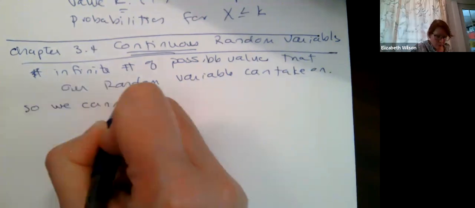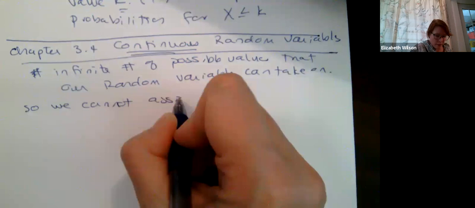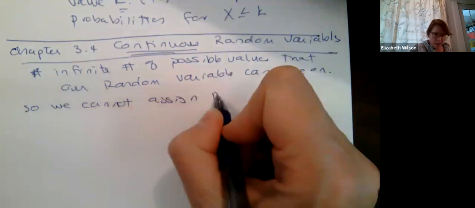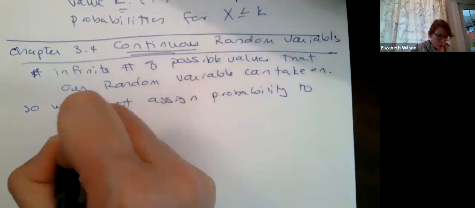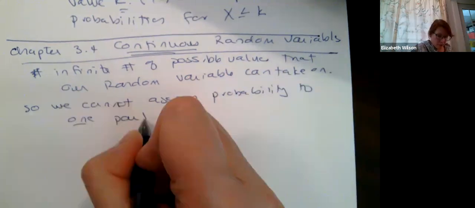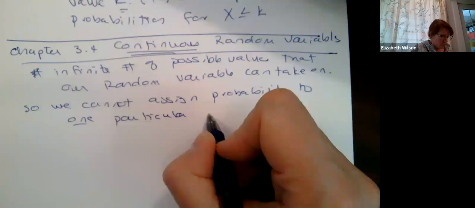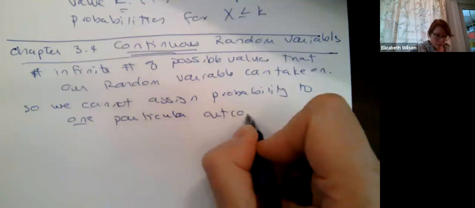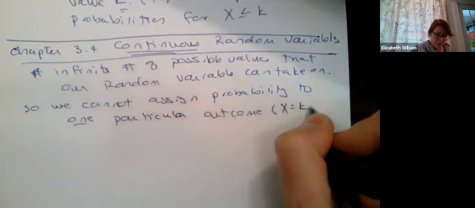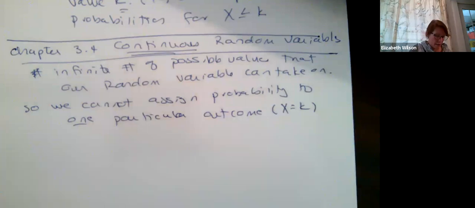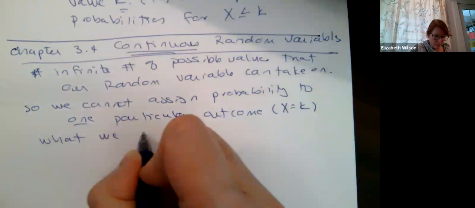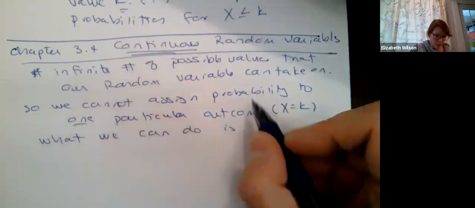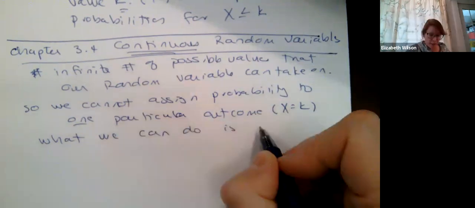So let's write that down. We cannot find probability to one particular outcome, which is our x being equal to very specifically some kind of a k value. But what we can do is look at a range of possible values for x.